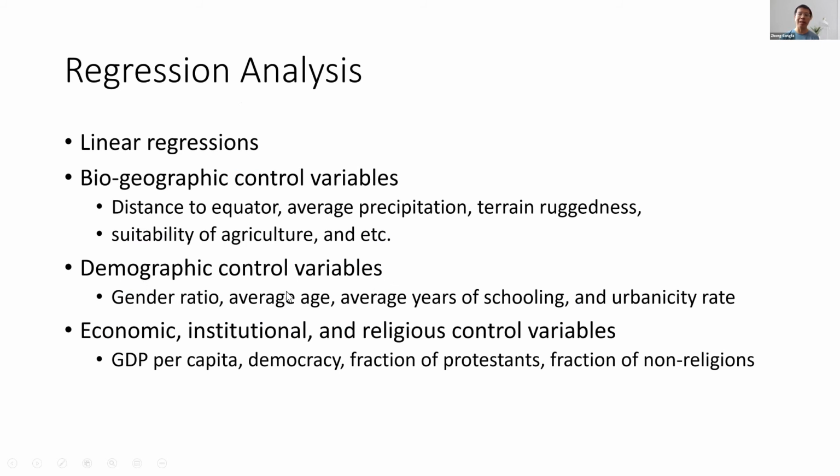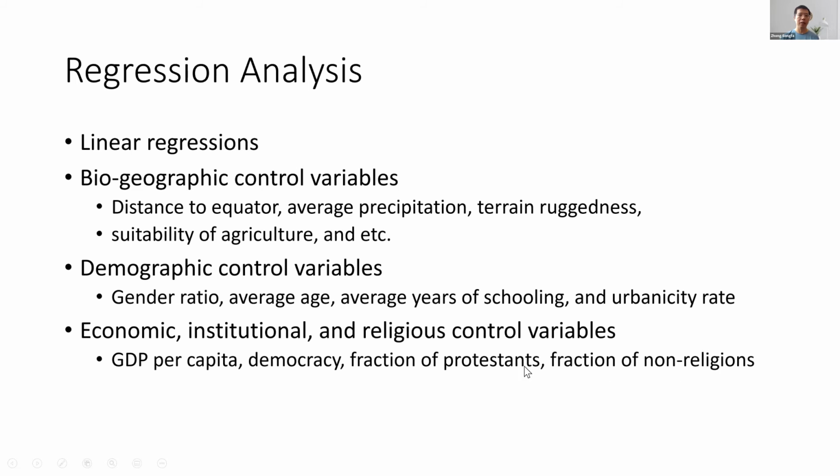These variables are available in the data based on the sample we have: basically age, gender, schooling, and urbanicity rate. The third class is economic, institutional, and religious controls, such as GDP per capita, democracy, fraction of Protestantism, and fraction of non-religious.